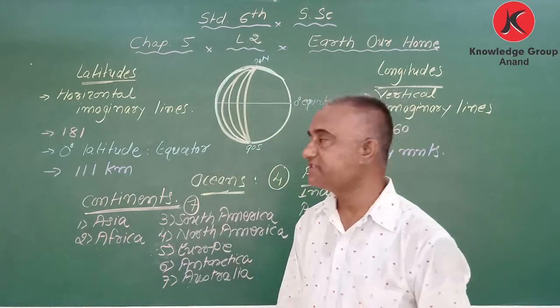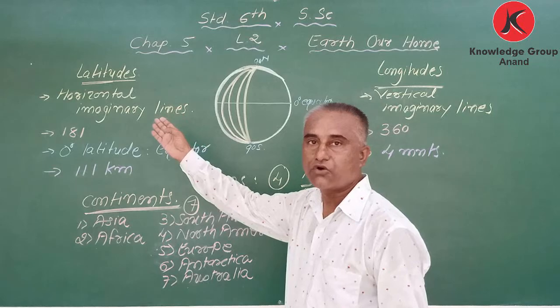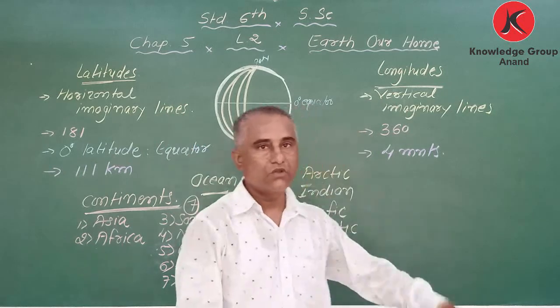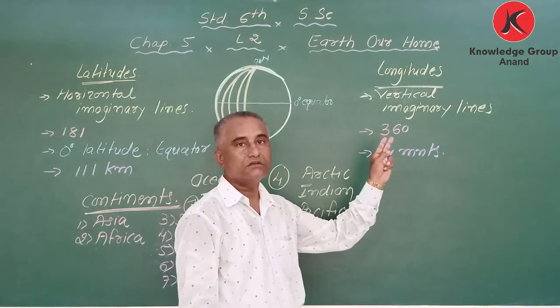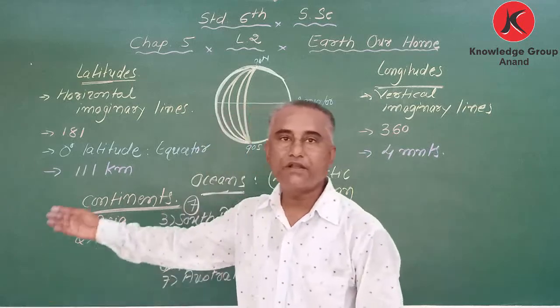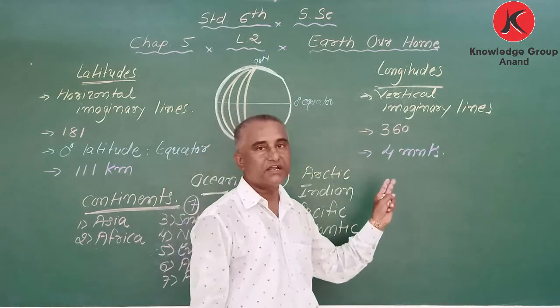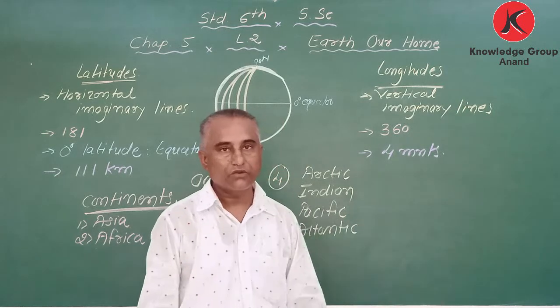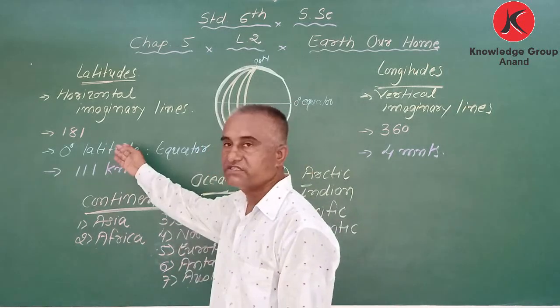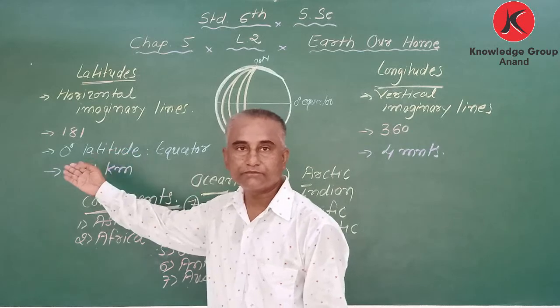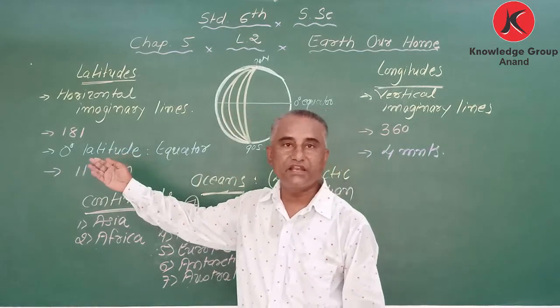Once again, I revise. Horizontal lines are called latitudes. Vertical lines are called longitudes. How many latitudes are there? 181. How many longitudes are there? 360. What is the distance between two latitudes? 111 kilometers.